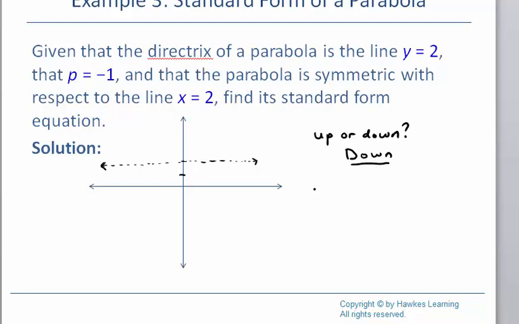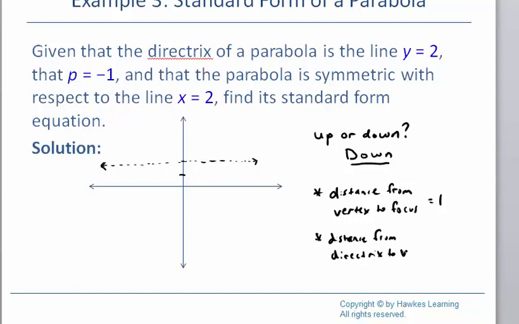So I'm just going to jot this down: the distance from vertex to focus is equal to 1, and I know that the distance from the directrix to the vertex is also equal to 1. That's what the p-value gives us.